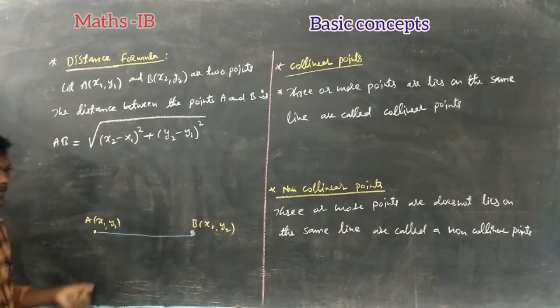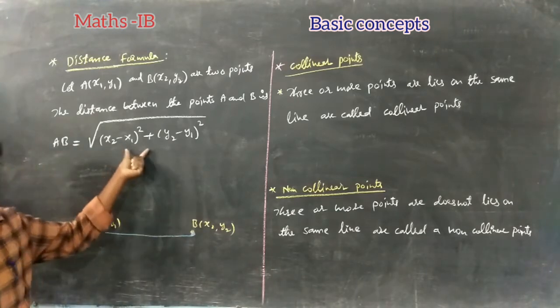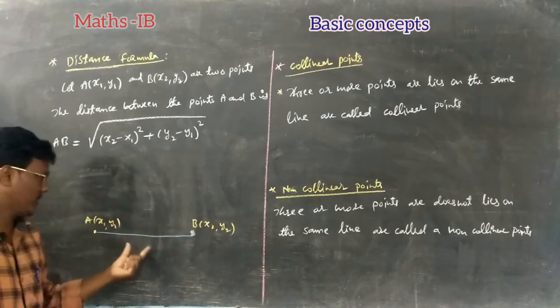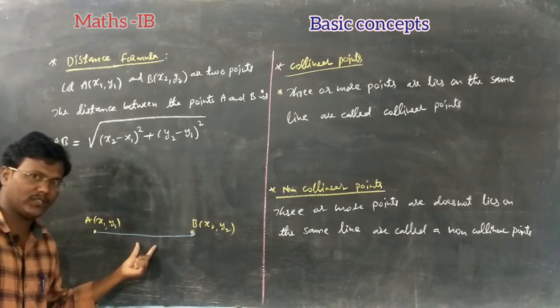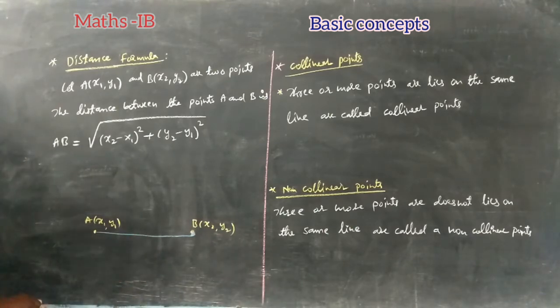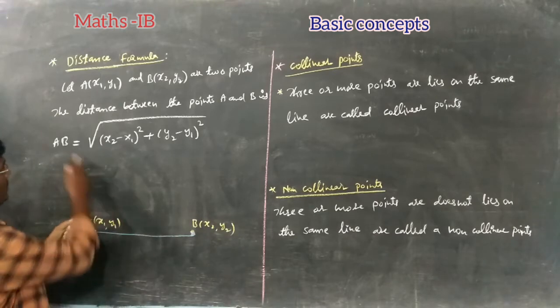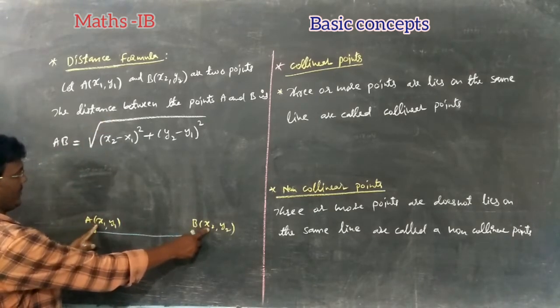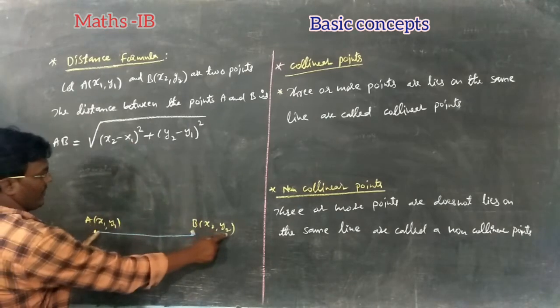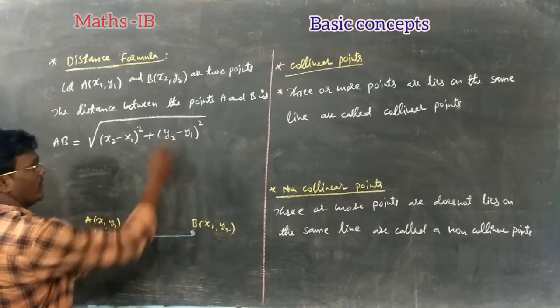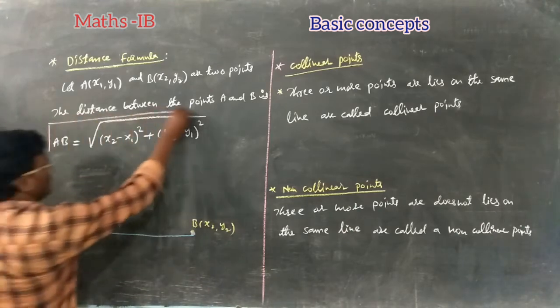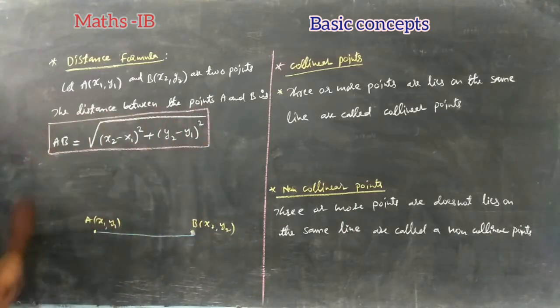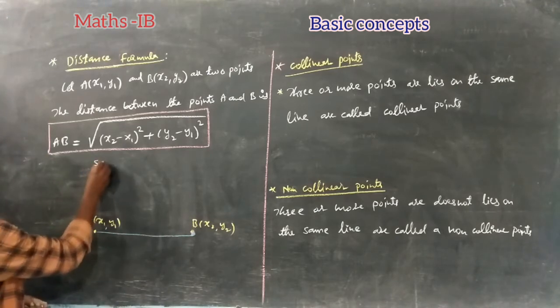How to calculate? Very simple. By using this formula, we calculate the distance between these 2 points. AB is equal to square root of (x2 minus x1) whole square plus (y2 minus y1) whole square. Okay. So this is the formula for distance. Suppose we square on both sides.